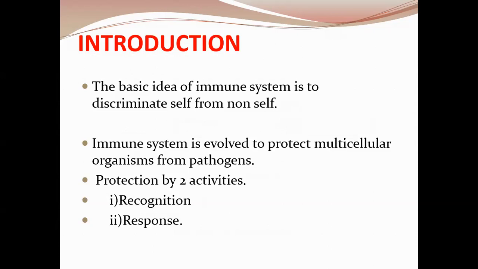And the protection is mainly by two activities. Number one, the recognition and the response. That is recognition of the antigen of the foreign body and the response to this particular antigen.